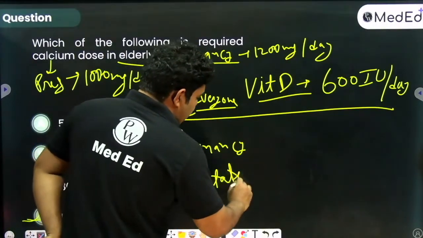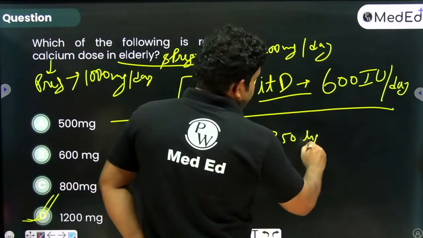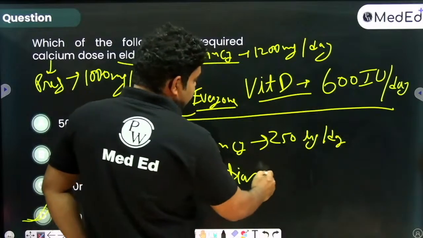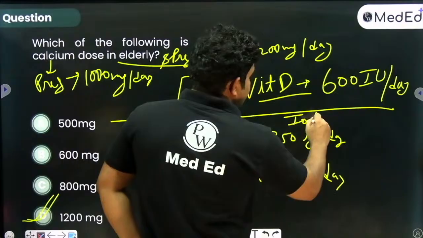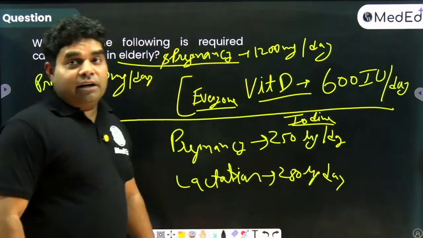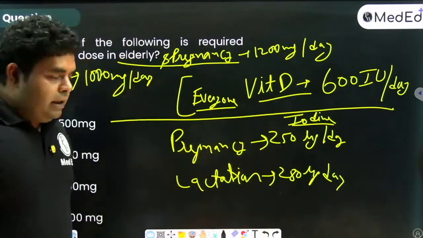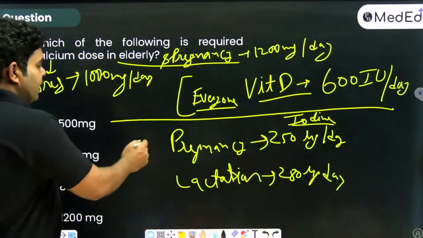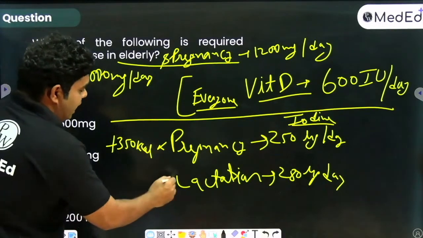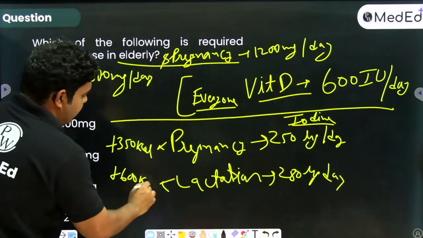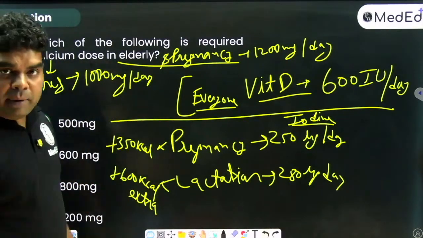So the iodine in pregnancy is 250 microgram per day and iodine in lactation is 280 microgram per day. The iodine we need for adolescent boys and girls is 150 microgram. Pregnancy 250, lactation 280. Plus, I hope you all know that in pregnancy, we need 350 kilocalorie extra per day, and in lactation, we need 600 kilocalorie extra per day.